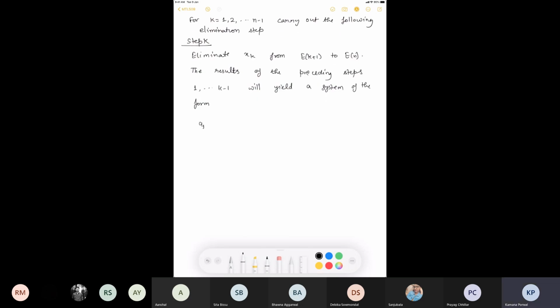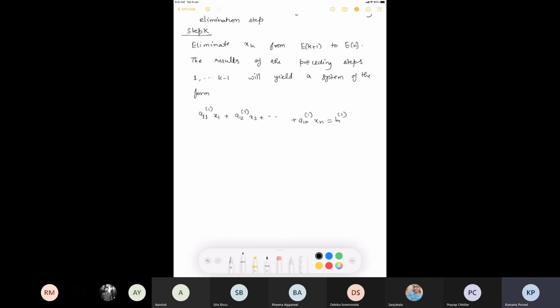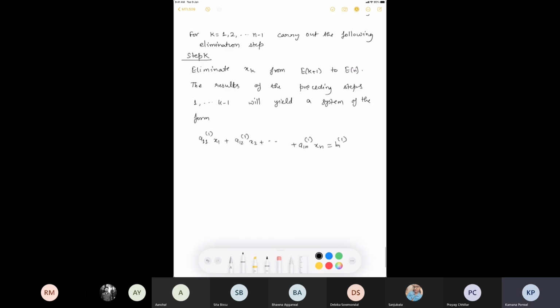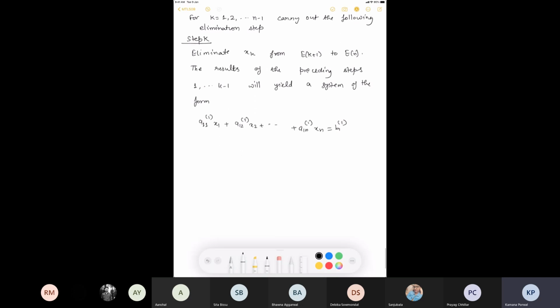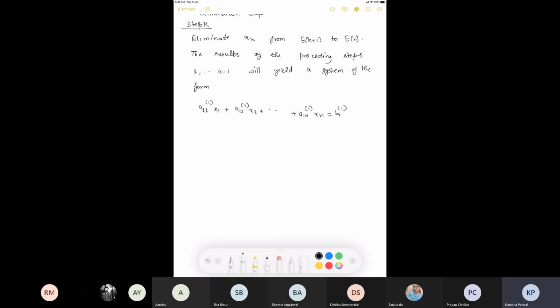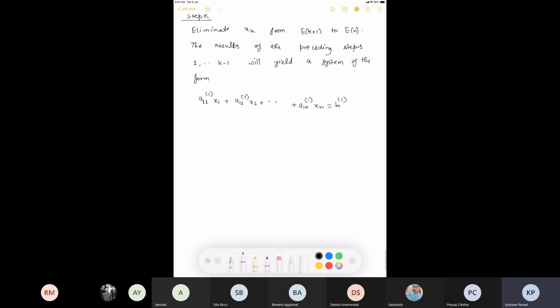So first equation will remain as it is. Right? From the second equation, since I'm writing the system which we will have at the step k minus 1, note that I'm not going to have this x2 from the second equation because that I would have already eliminated.